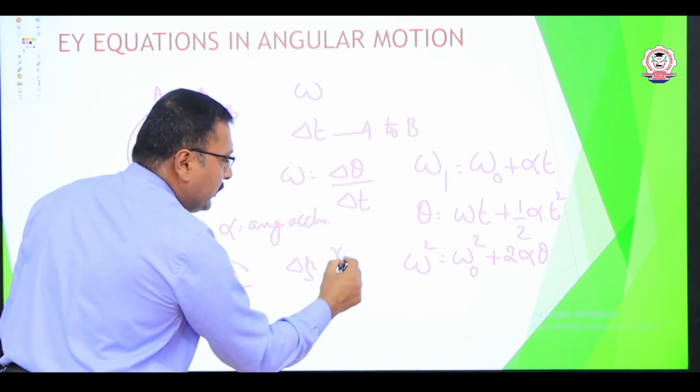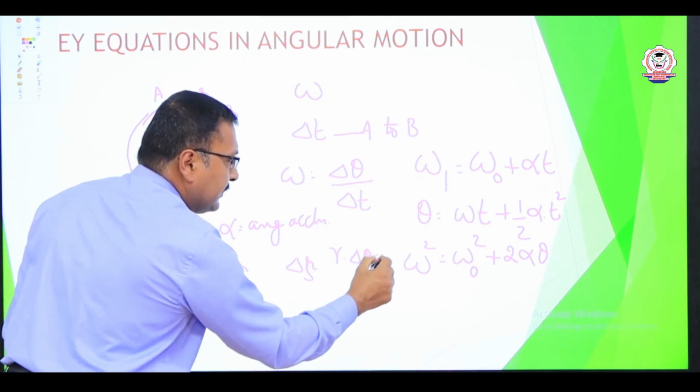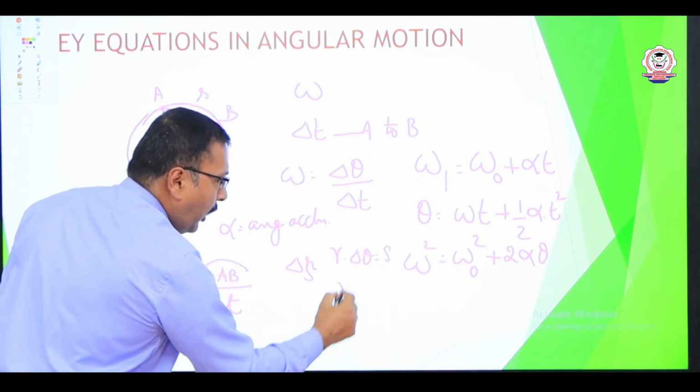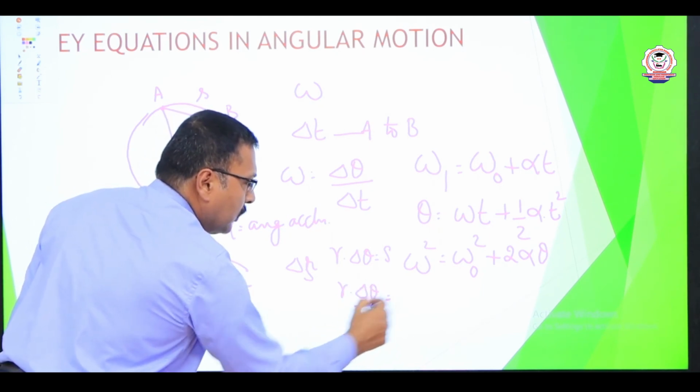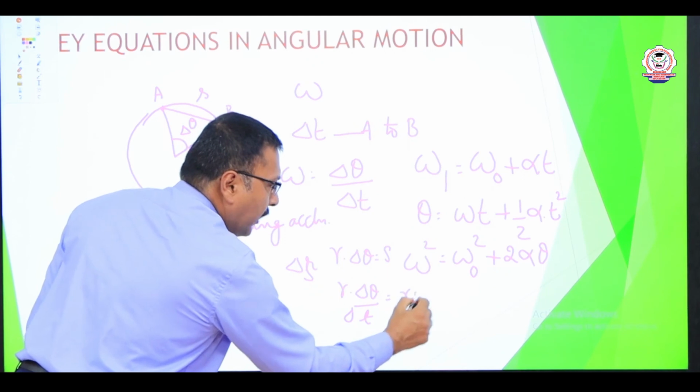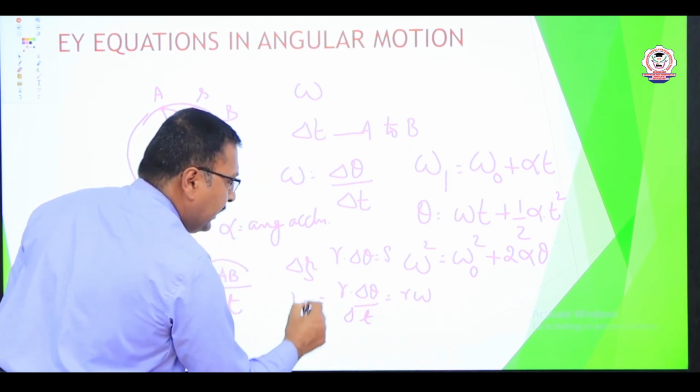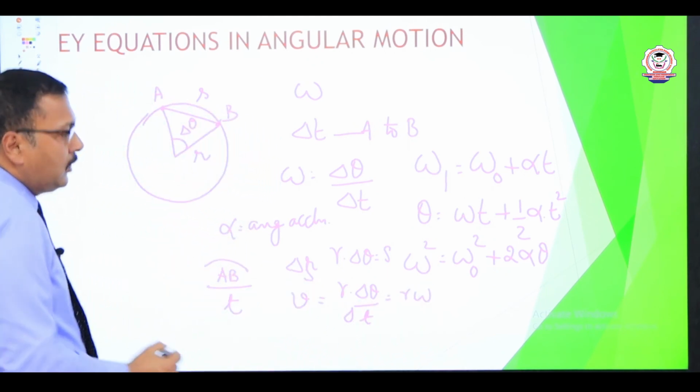So R into delta theta is equal to S. I am going to divide R into delta theta by time. That is equal to R into omega. This is V. So V is equal to R omega.